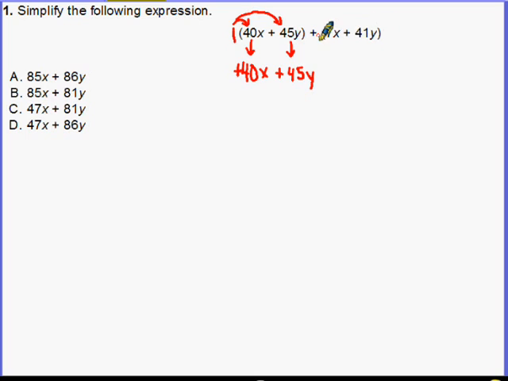And then we're going to come over to the second set of parentheses, and again there's still a hidden 1 on the outside of that parentheses, so you take that positive 1 and you multiply it times everything on the inside of the parentheses. So a positive 1 times a positive 7x is going to leave you with positive 7x. A positive 1 times a positive 41y is going to leave you with a positive 41y.